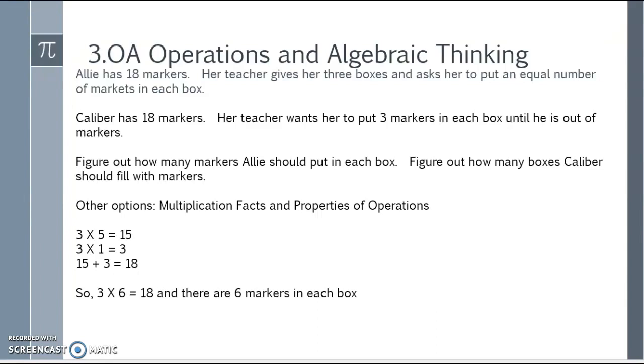A little more explaining with this problem. What they did here was take 6 and decompose it into 5 and 1. So 3 times 5 is 15, and 3 times 1 is 3. Then adding their respective totals, 15 plus 3 is 18. That's a play on multiplication facts and properties of operations.